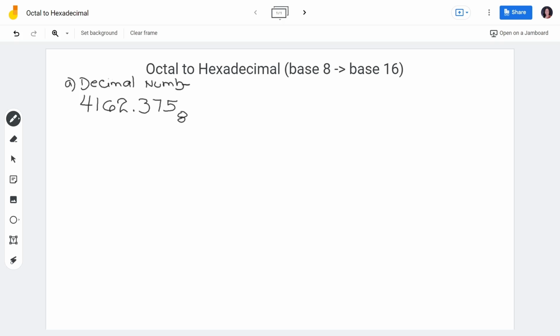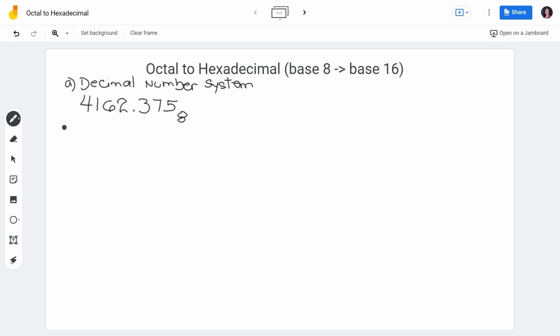What are we going to do? Going through the decimal number system is just the same as with binary and hexadecimal. The process here is we get the digit, times the base of octal, which is 8, raised to the number of digits, 1, 2, 3, 4, minus 1. So the first digit is 8 raised to 3.